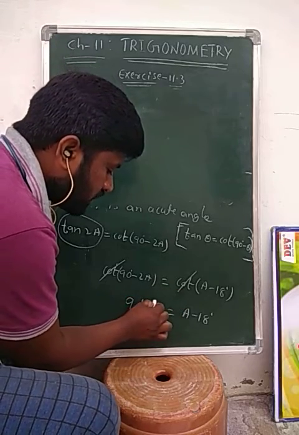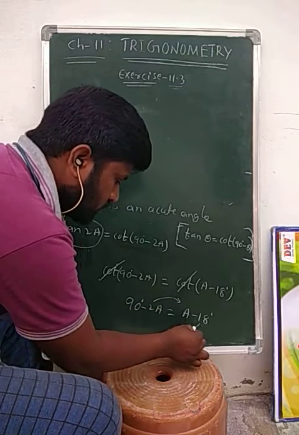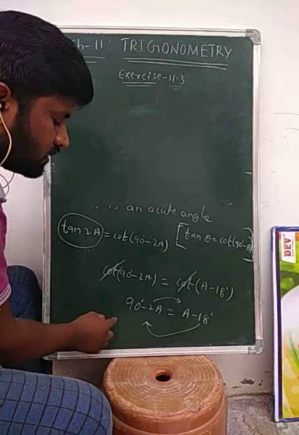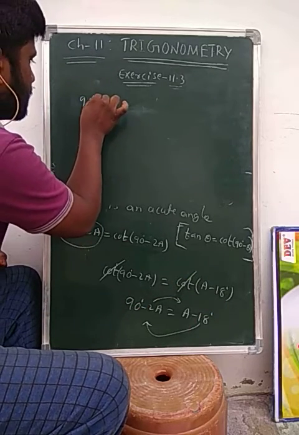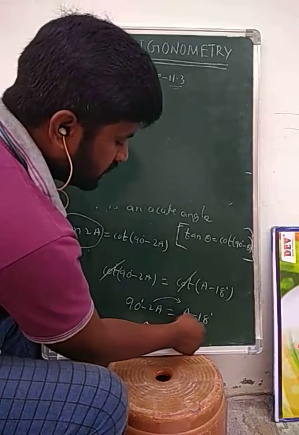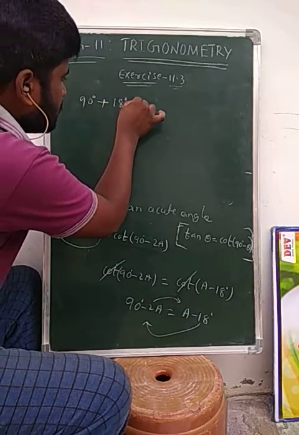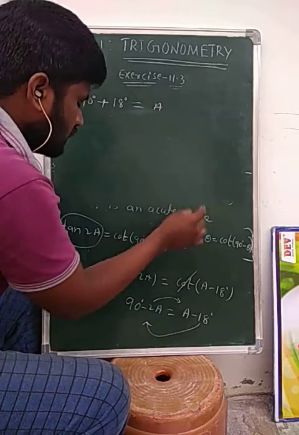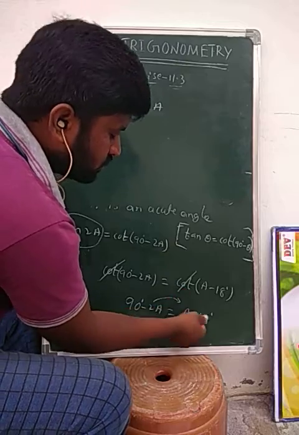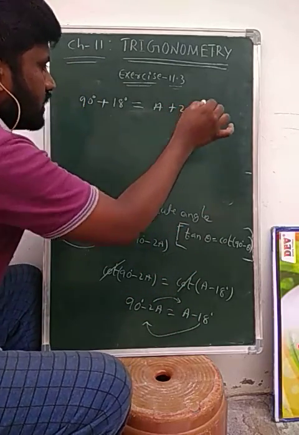The minus 2a is transposing to the RHS side, and minus 18 is transposing to the LHS side. On this side 90 degrees is there. Minus 18 transposing to the LHS side becomes plus 18 degrees, is equal to the RHS side a is there. Minus 2a transposing to the RHS side becomes plus 2a.